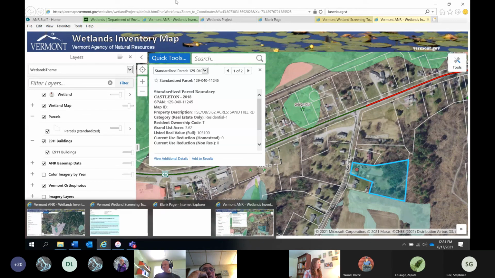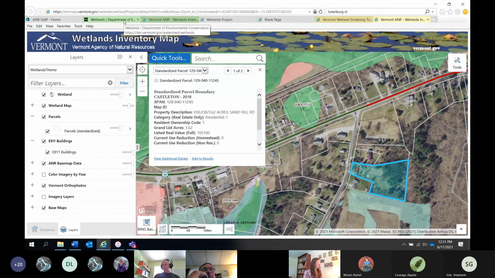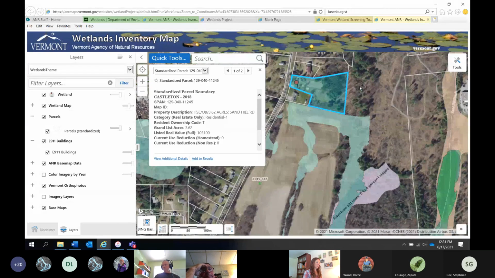Let's go back. So it looks like the adjacent property also had a permit. See if we can find where that is. That's probably right there, 2019, 687. So there's some good information, at least on this part of the property, that will probably give a delineation.